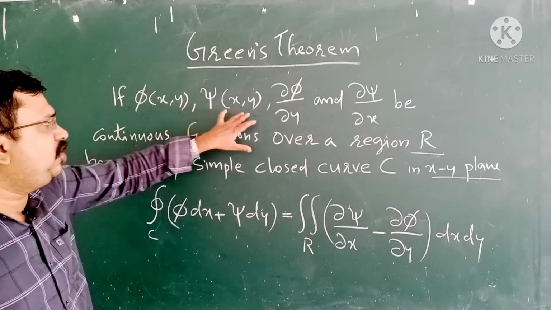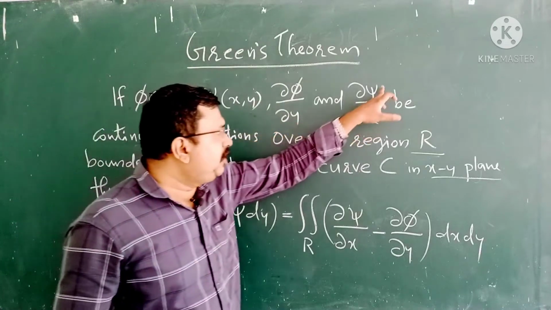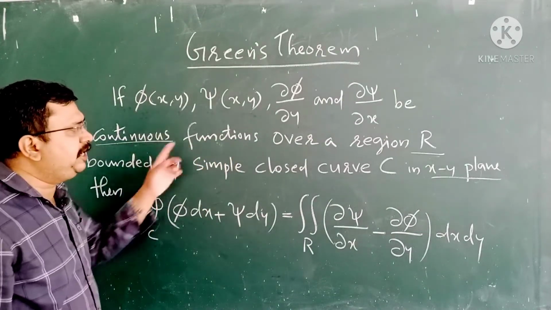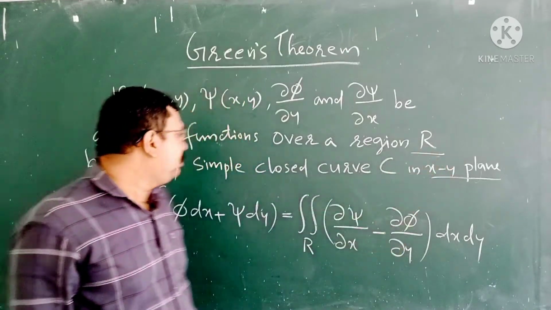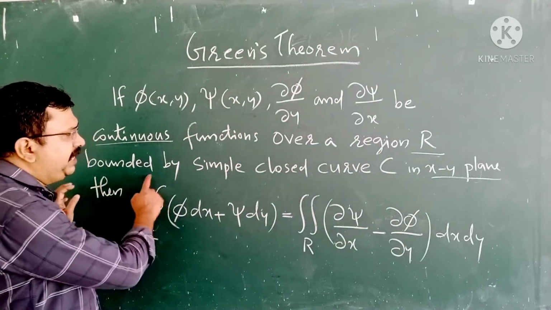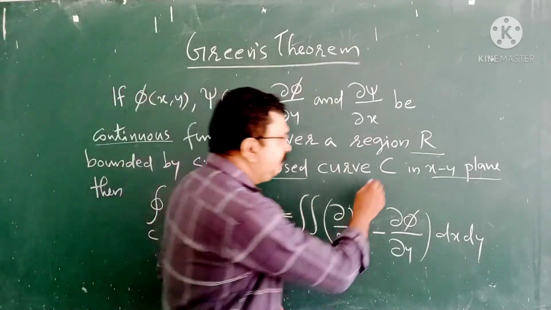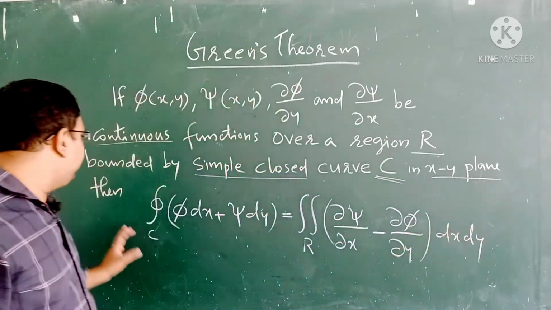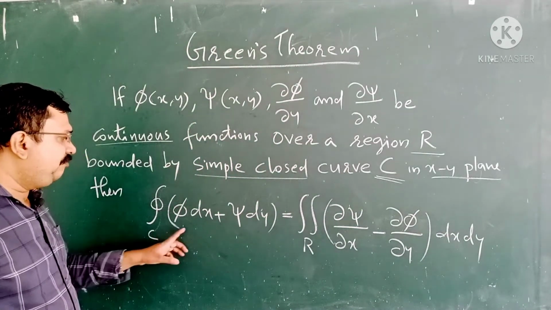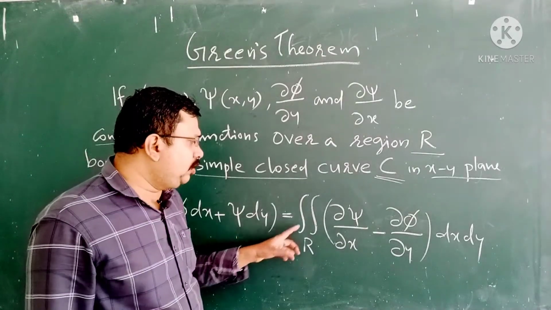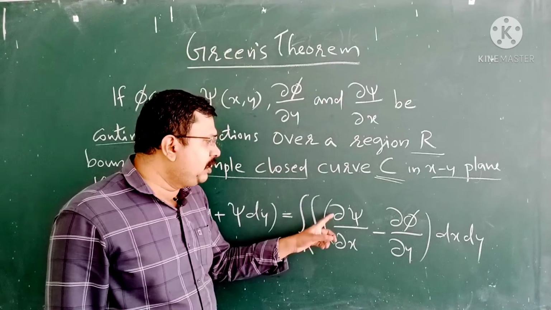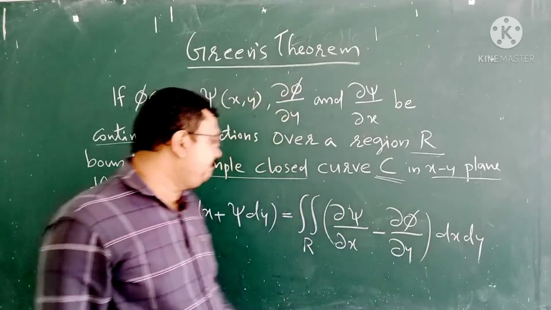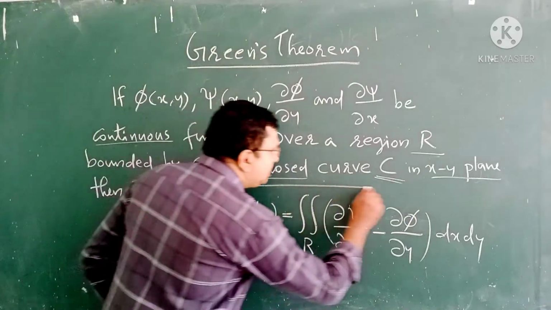If phi of x y, psi of x y, dou phi by dou y and dou psi by dou x be continuous functions, remember that these are continuous functions over a region R bounded by a simple closed curve C in the xy plane, then the circular integral over C phi dx plus psi dy equals the double integral over the region R of dou psi by dou x minus dou phi by dou y dx dy. This equation is very important.